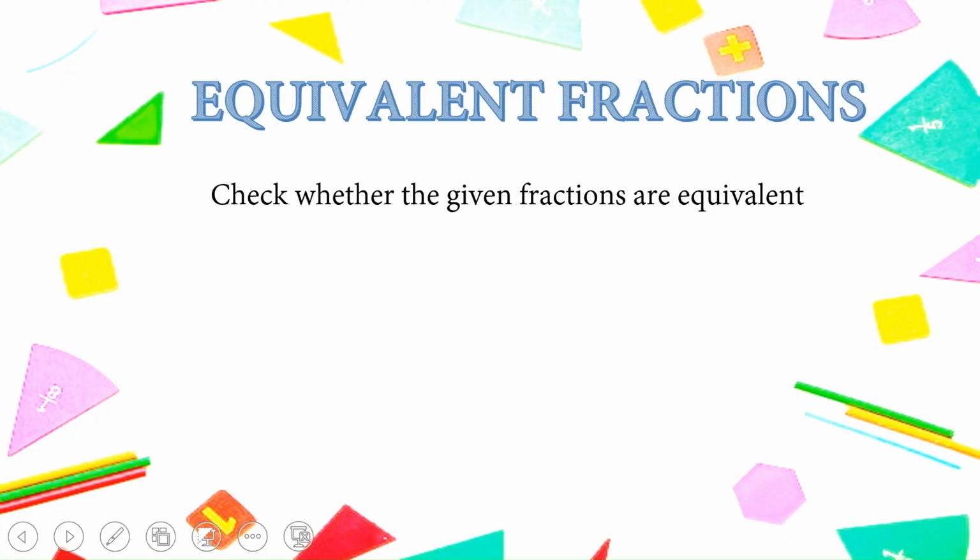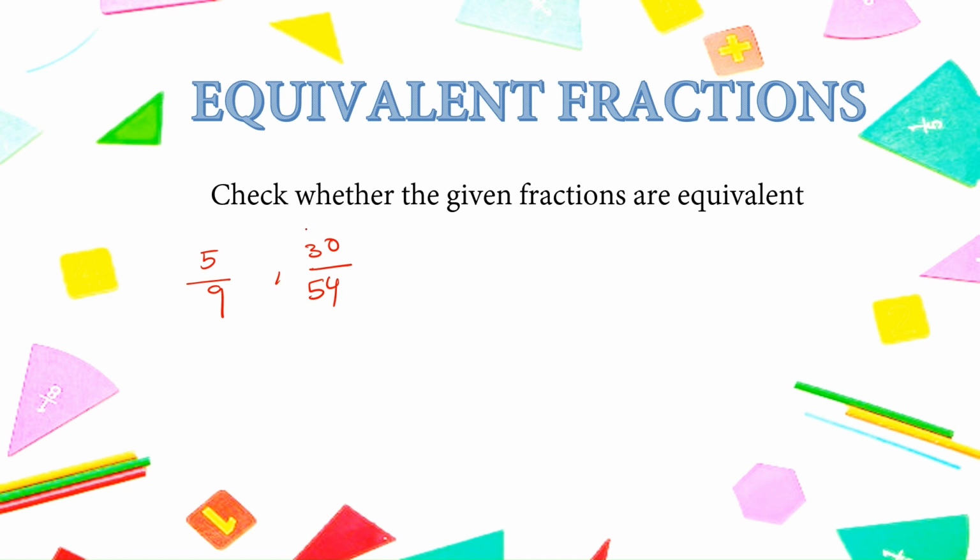Now let us check a few other questions. We have to see whether the given fractions are equivalent or not. Consider this, 5 upon 9 and 30 upon 54. Now tell whether these two are equivalent or not. We'll check both the numerator and denominator.